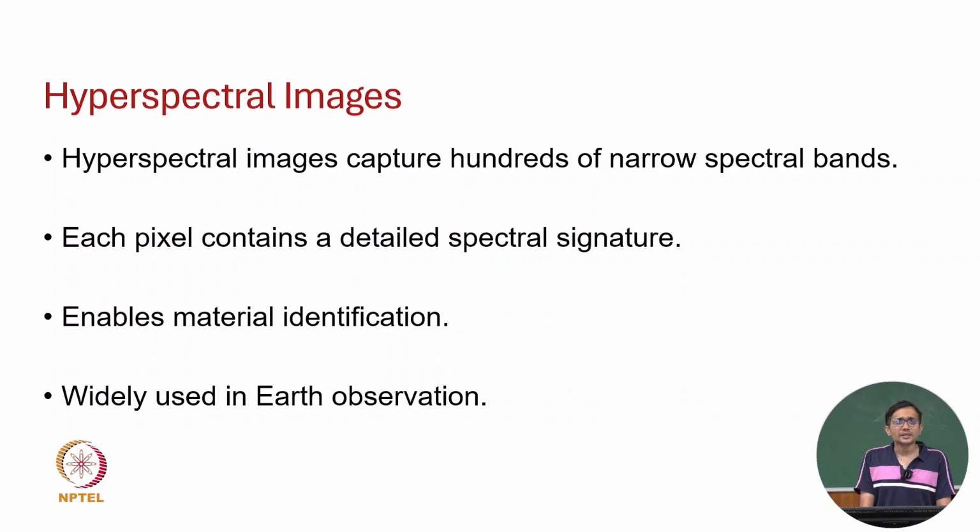This especially enables material identification, which is important in many downstream applications in Earth observation, and thus in Earth observation we are quite interested to use hyperspectral images. Of course, it's not just Earth observation, there are also other domains that use hyperspectral images. However, Earth observation is one of the primary domains where hyperspectral images are used.